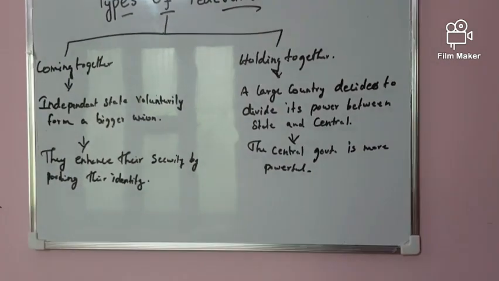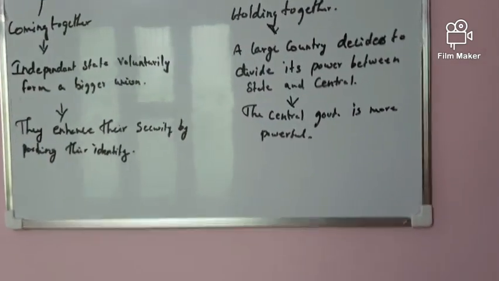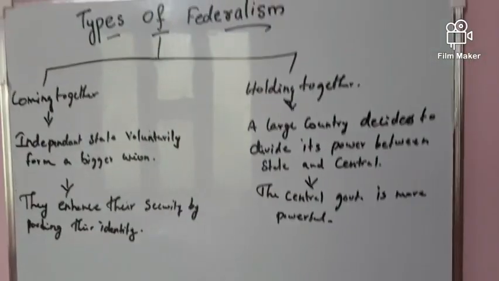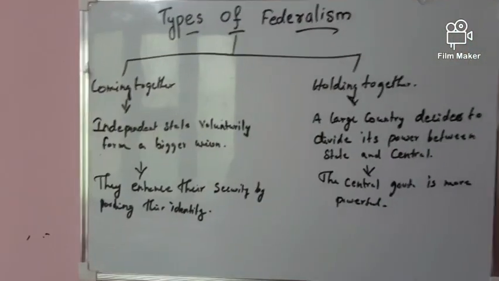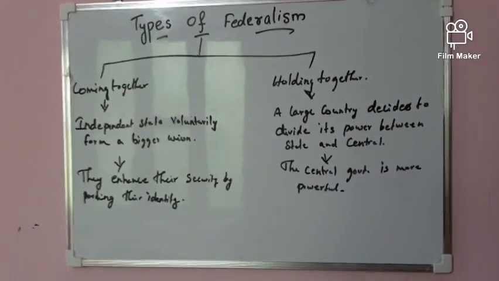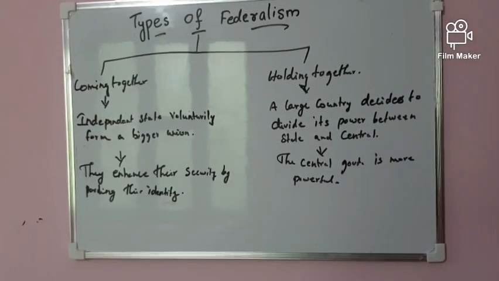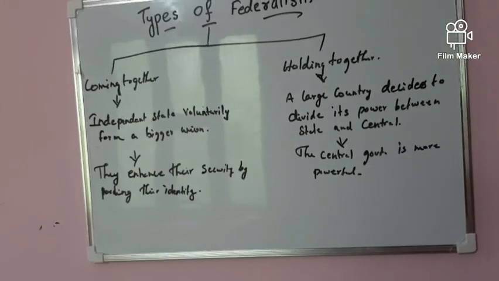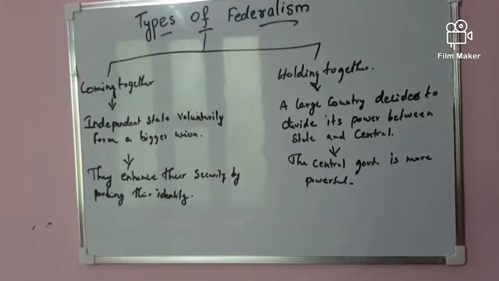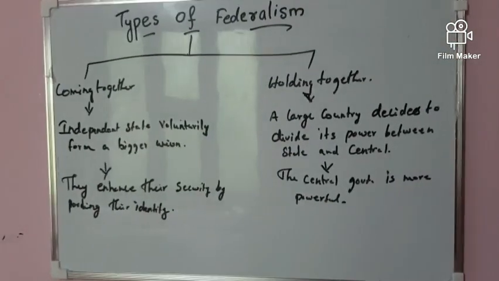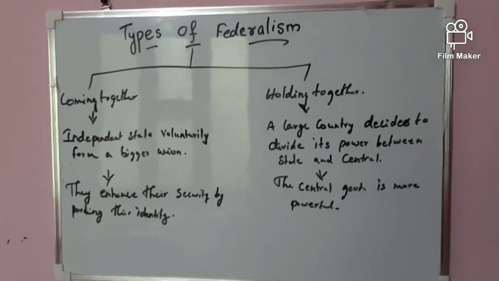This type of federation is followed only in countries like the USA, Switzerland and Australia. Which type of federation is followed in the USA, Switzerland and Australia? It is coming together federation. Now the holding together federation is the federation which is followed in our country, that is India, Spain and Belgium.